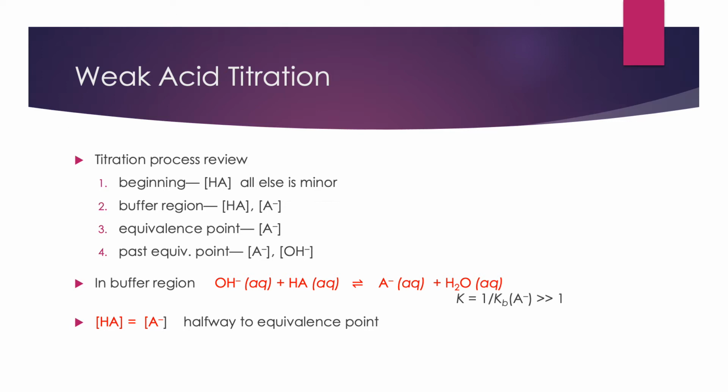When we reach the halfway point, we've added as much hydroxide ion as half of the amount of the weak acid that's there. So we've basically taken half of the weak acid and turned it into its conjugate base. That means that when we're halfway to the equivalence point, we have roughly equal concentrations of HA and A-.